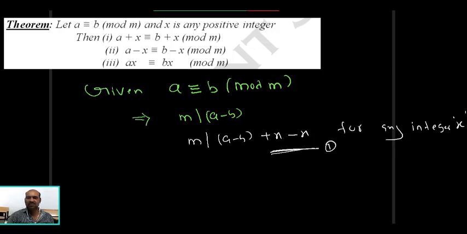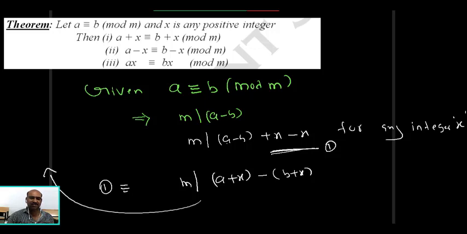Now students listen, I am rewriting 1 as M divides A plus X in one group, next minus B minus X. I want to take common B plus X with a minus. This is looking just like M divides L minus P. What can I say?